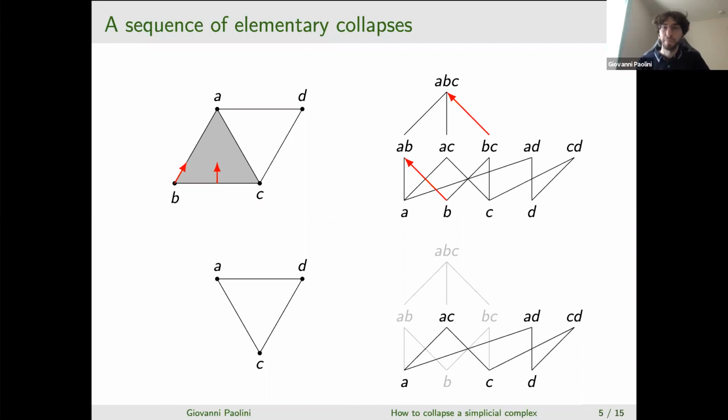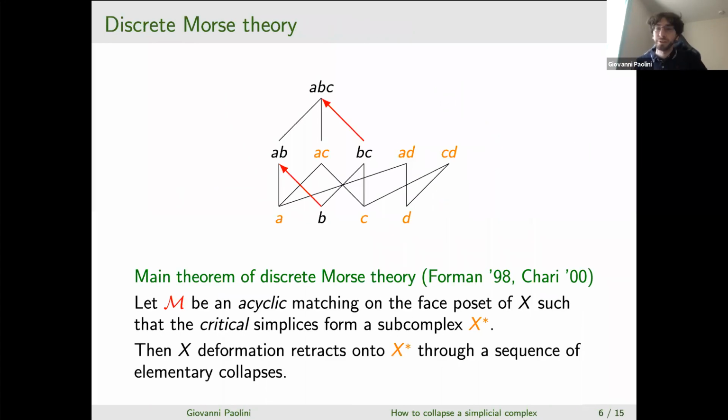The question is, what's the combinatorial condition on the matching, on this set of red edges, such that there is a valid sequence of elementary collapses that we can perform? And this is answered by the main theorem of discrete Morse theory from about 20 years ago by Forman.